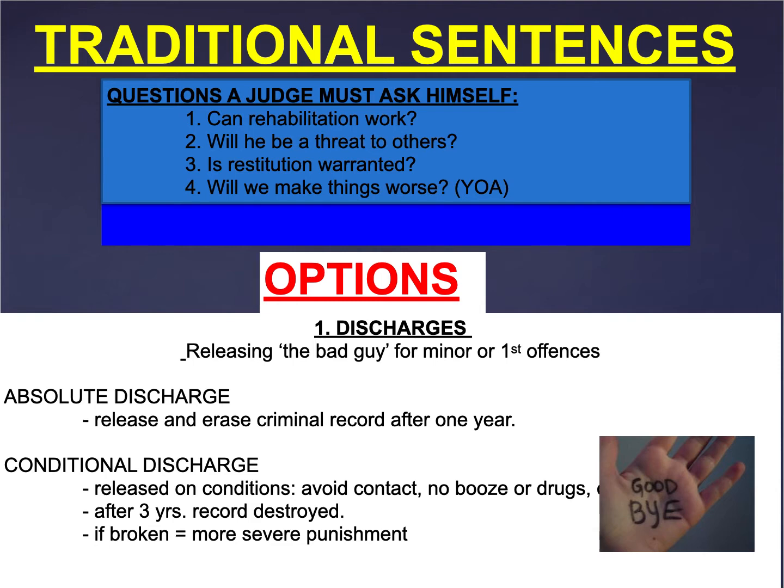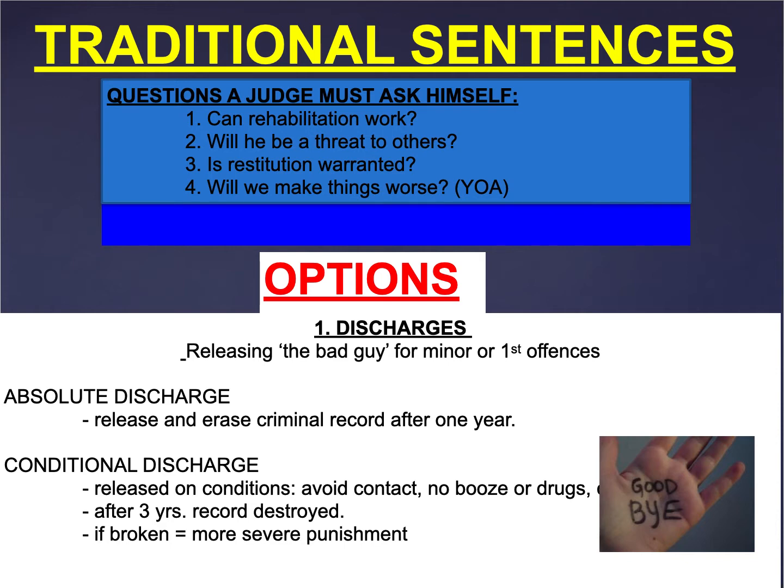When it comes to traditional sentencing, there are quite a few different options available to the judge. While a judge will consider the options, there are four questions that a judge usually needs to ask. First, can the person be rehabilitated back into society?